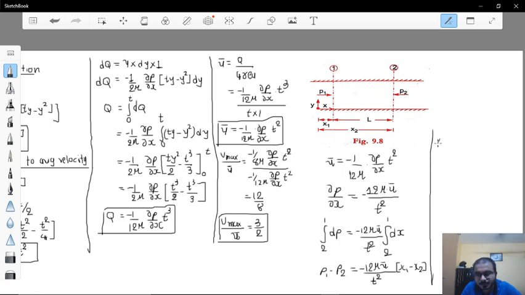So here, if you take the difference between x2 minus x1, you can clearly see it will be the value L. That is the drop of pressure, and in terms of head also we can write it down.